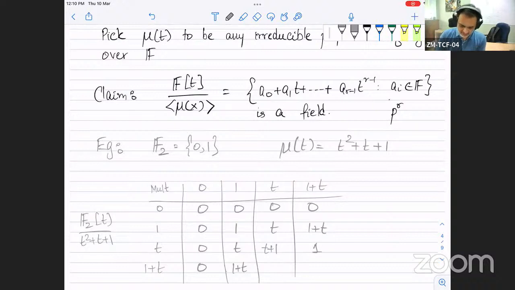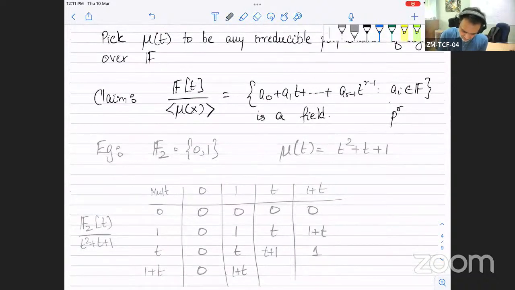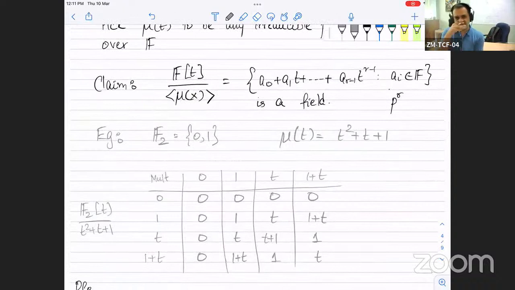And 1 plus t times 1 plus t is t squared plus 2t plus 1. But 2t is 0 because 2 is 0 here, so I get t squared plus 1, which is t. Oh, sorry, this is 1 plus t times t, so that should have been a 1.